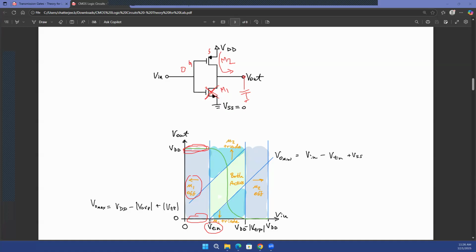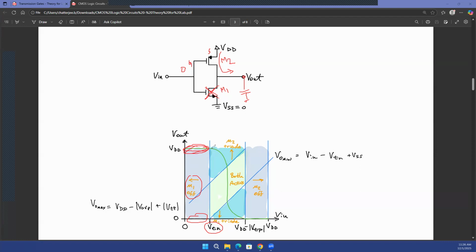So VGS minus VT is threshold voltage minus threshold voltage, that is 0. As you are a little bit higher than threshold voltage at the gate, you have a very small positive voltage as your V overdrive. Whereas your VDS is very, very high because at that point your drain voltage was at VDD. So your transistor always turns on into saturation. It does not turn on in triode region.